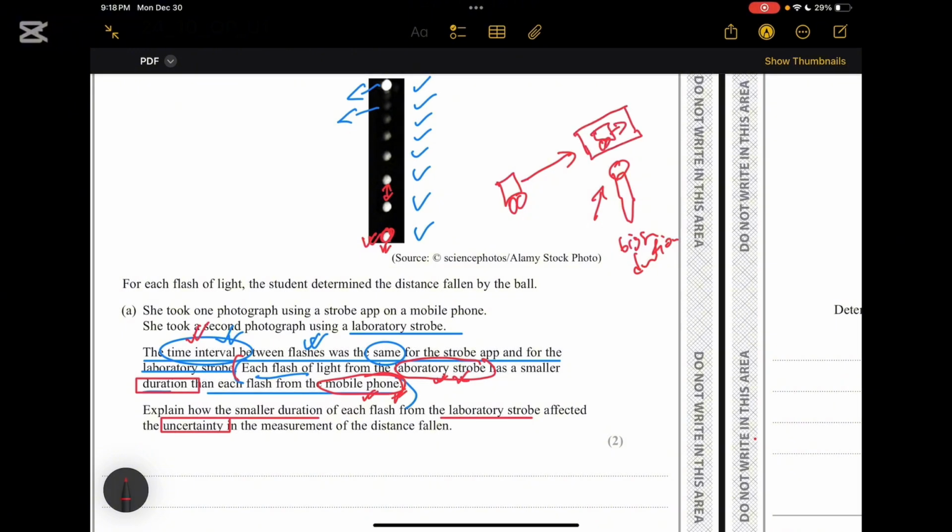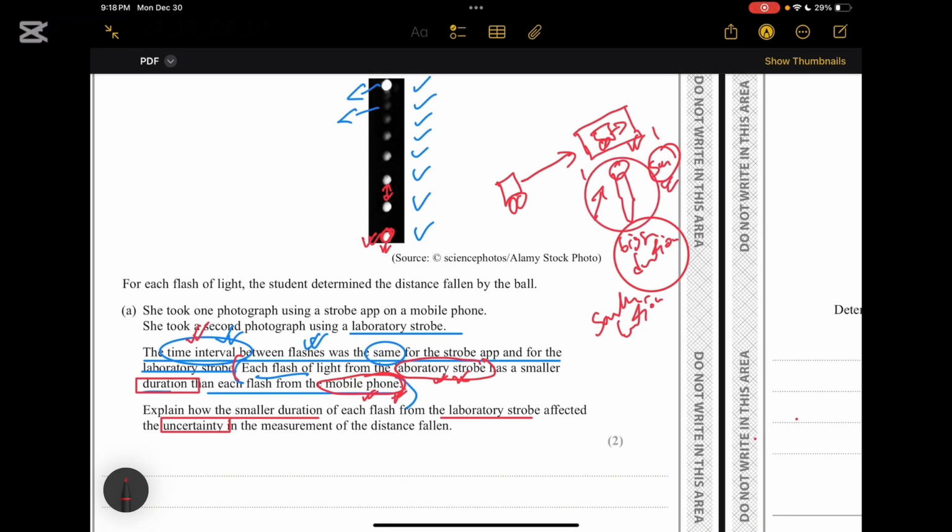I will be able to capture the motion of the car for a longer period of time. And if the duration is small, then I will be able to capture a smaller motion of the car. Let's say if the duration was bigger, I would have been able to capture the 5-meter distance that this car will travel, because the flash duration is greater.